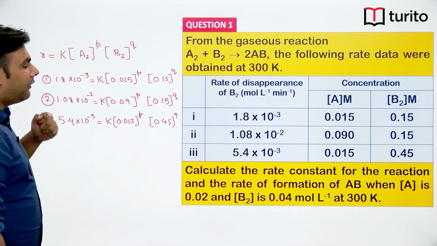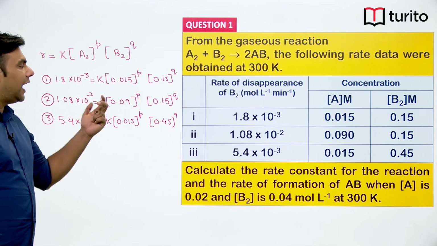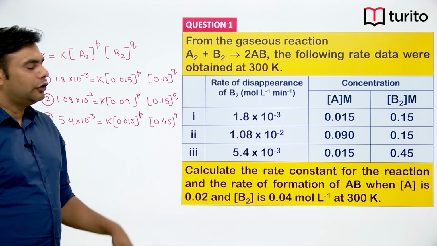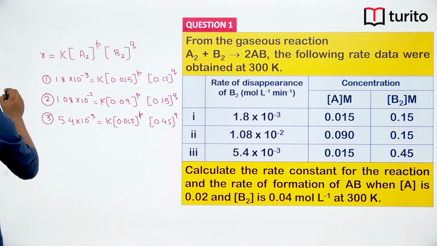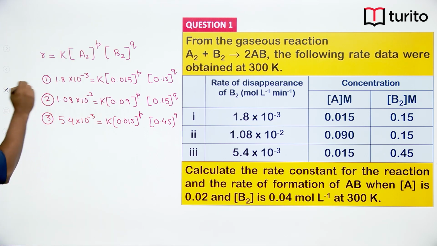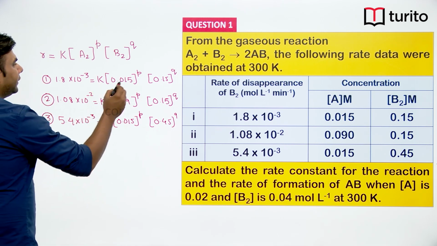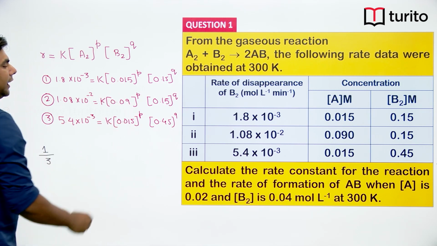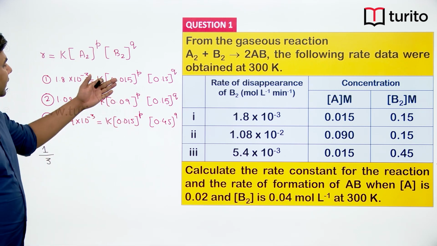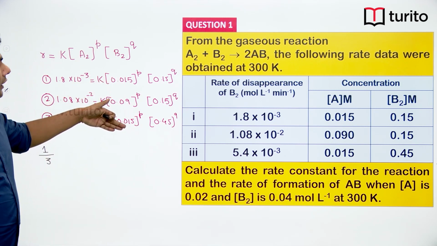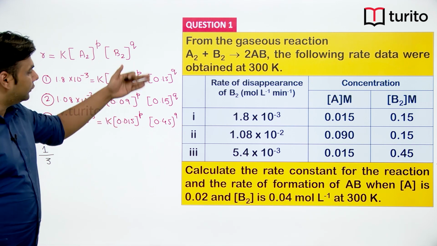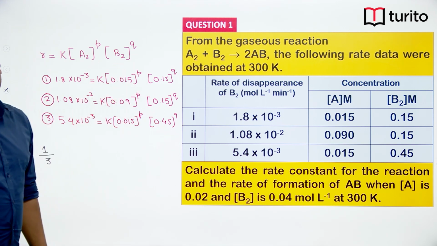Now we are going to divide these equations and calculate P and Q. So if you look at the equations closely, suppose we divide say 1 with 3, okay, so we are dividing 1 with 3. So basically if you look at this, the concentration of A2 in 1 and 3 are same. So in this, the concentration of A2 has not changed, but the concentration of B2 has changed.